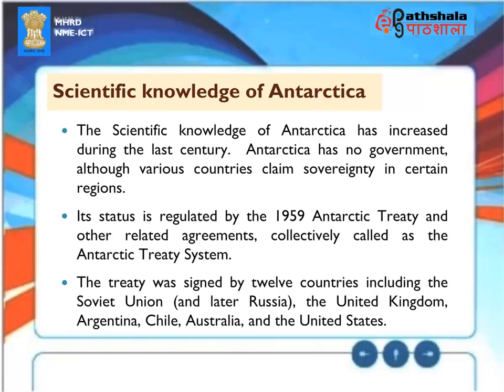Scientific knowledge of Antarctica. The scientific knowledge of Antarctica has increased during the last century. Antarctica has no government, although various countries claim sovereignty in certain regions. Its status is regulated by the 1959 Antarctic Treaty and other related agreements, collectively called the Antarctic Treaty System.